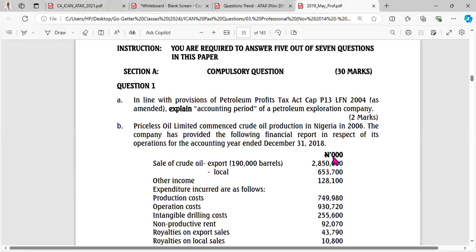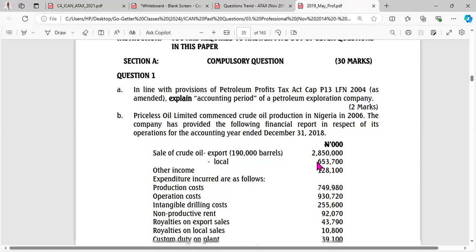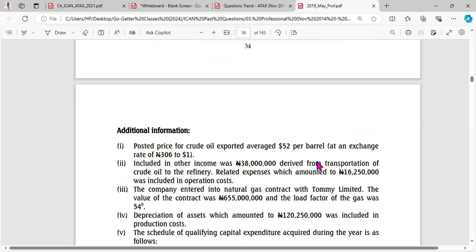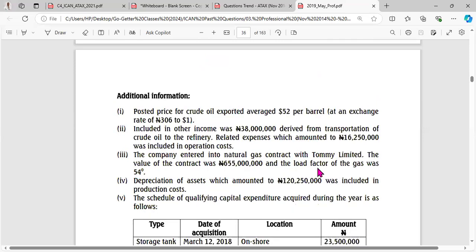Now this is higher than what we have here. So whenever you see anything inside the body here and the account here, always take the one in the additional information, whether it is higher or lower. The one in the additional information is far more reliable. Now that's for exports.